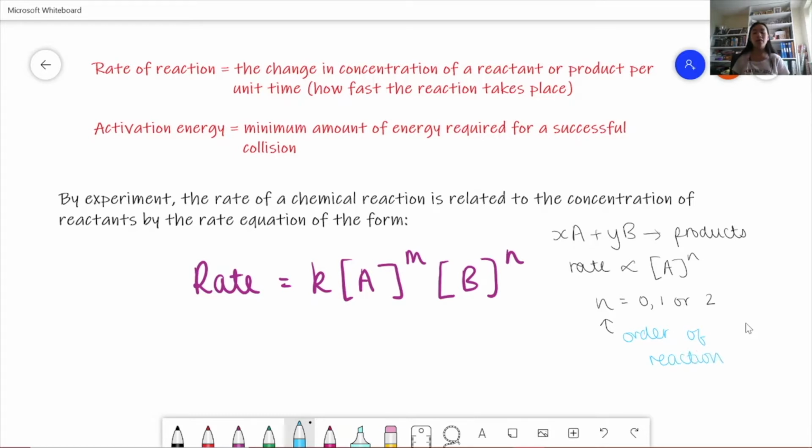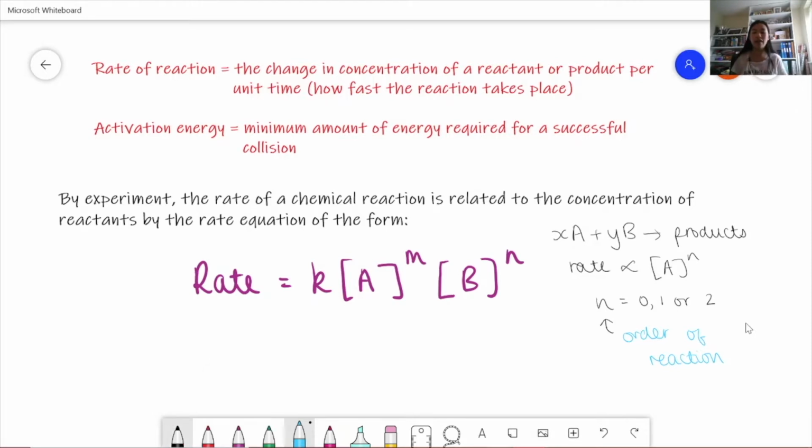And depending on this order, the graphs, the relationship between the rate and this concentration will be different. And because for this xA plus yB forms products, that's why this rate equation is like this.